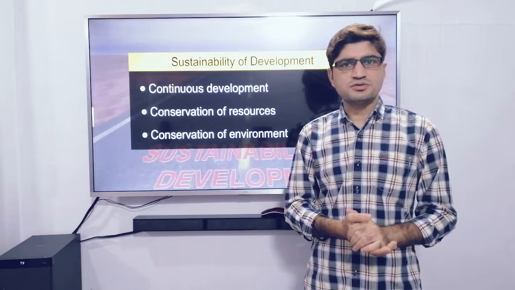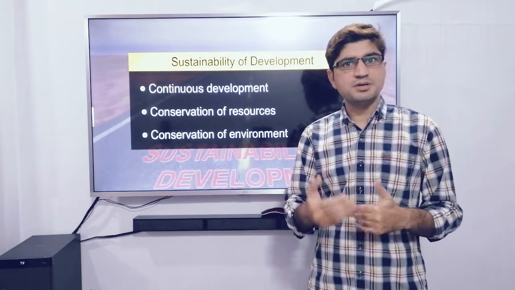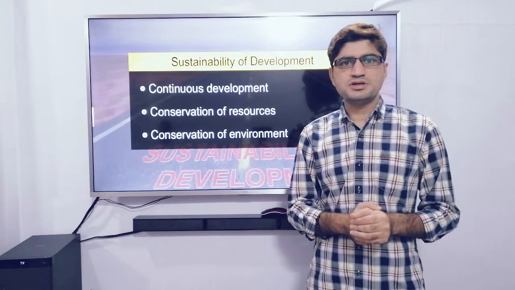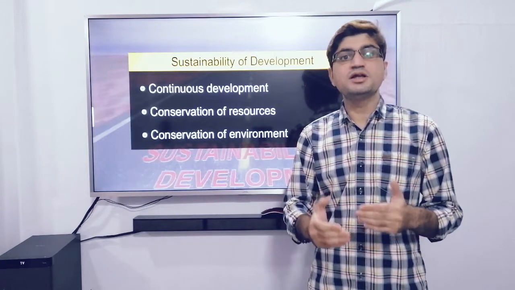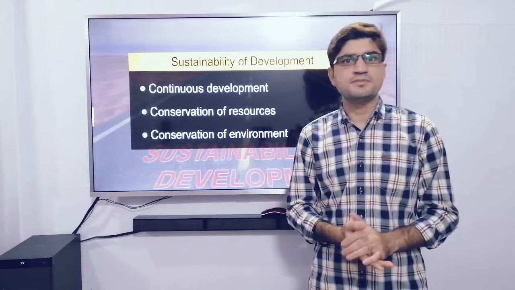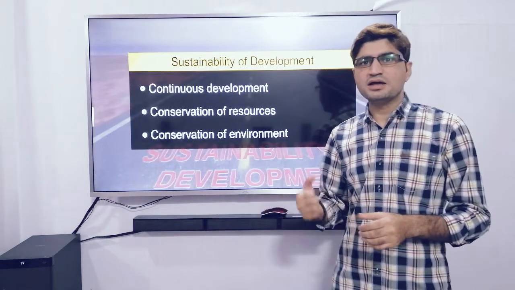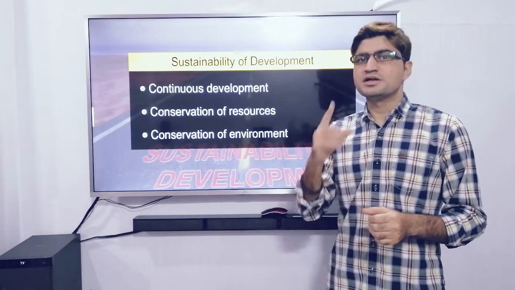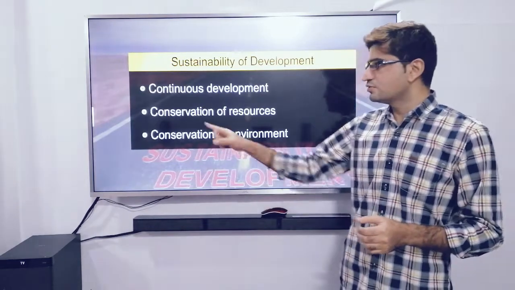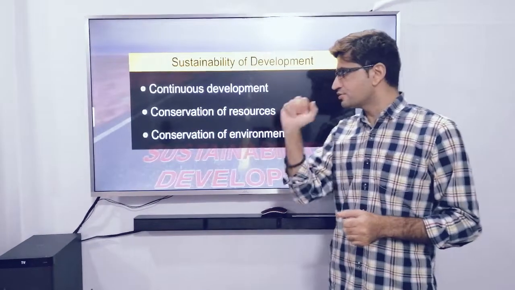It is not possible to reproduce them within a short period of time. So here, recycling and conservation of resources is production of resources. So second, conservation of resources.